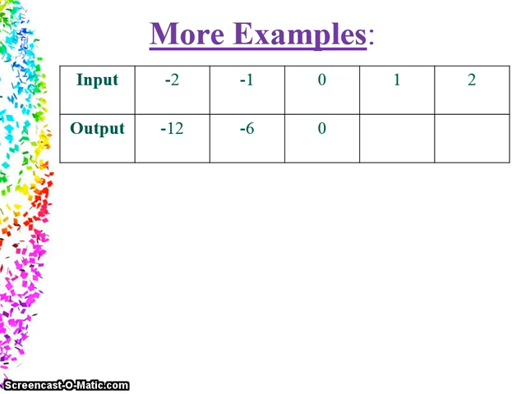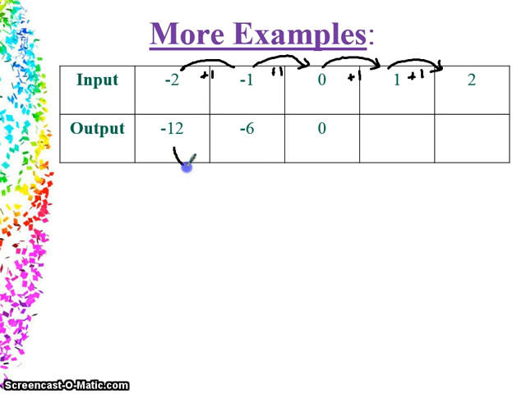So let's look at 2 more examples like this. We'll look for a pattern and then we'll extend it. Look at our inputs. It's increasing by 1, increasing by 1, increasing by 1, and this creates consistency so we can look for a pattern to see if this functions. Now look at the outputs.